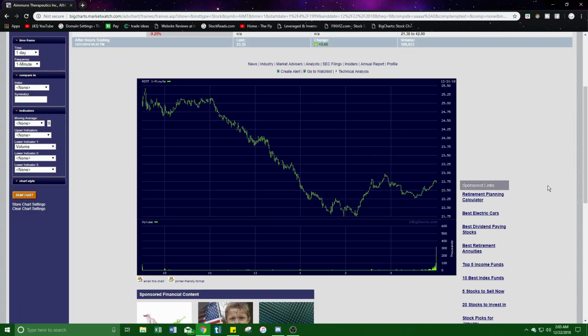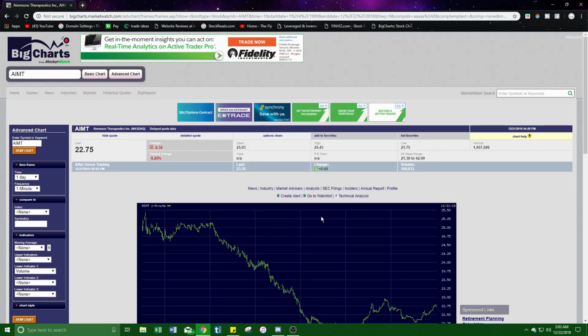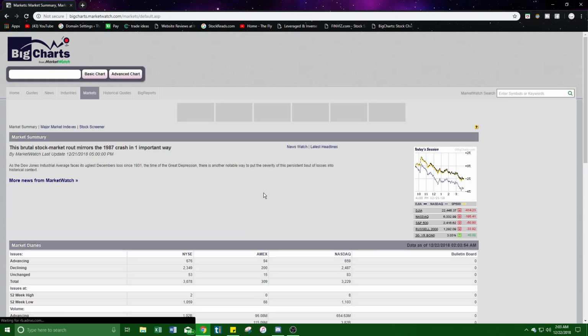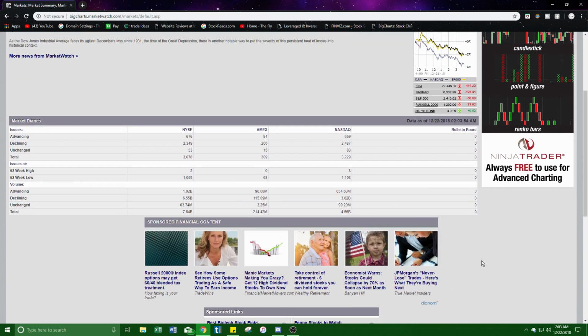But yeah, that's the thing that sucks, is that you can't draw trend lines on this if you wanted. But this is something if you're on the go, I just check it out for this markets tab right here. I'll come into here every day after the market when I'm preparing for the upcoming day.